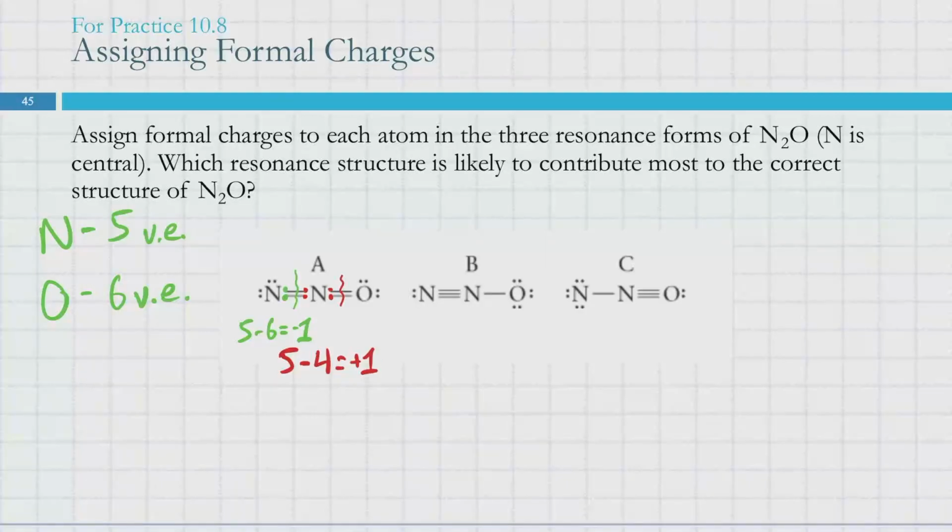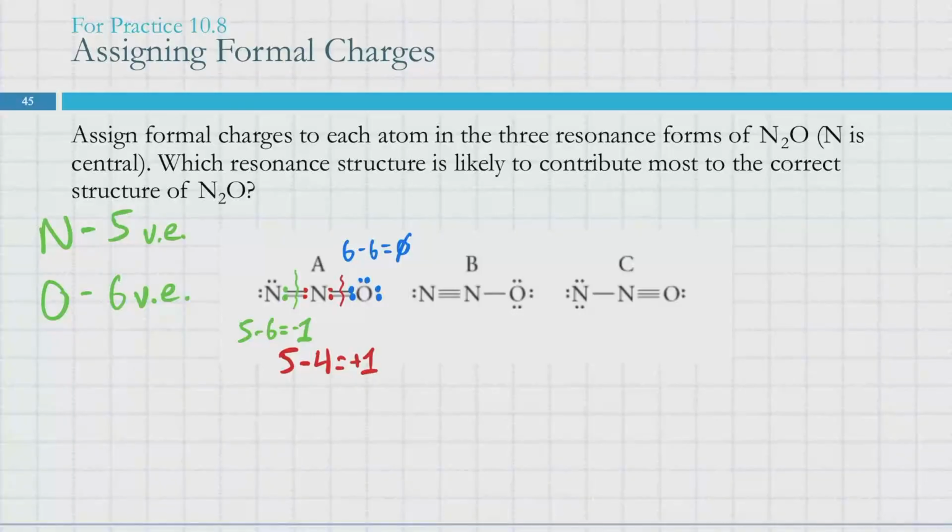And then on the right, we've got our oxygen. Our oxygen wants to have 6 electrons on it. It's got 4 that are lone pairs, and then it also gets these 2 from the double bond. And so oxygen has 6 minus 6, which is 0. So oxygen's perfectly happy here, and our nitrogens are both a little upset.